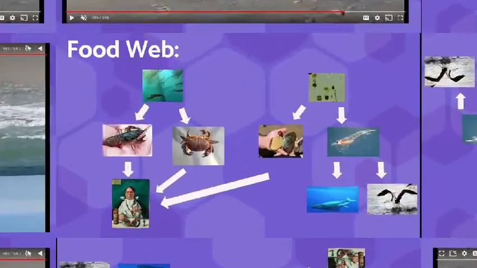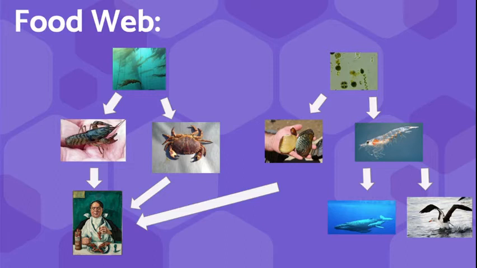Now that we've had a chance to review our food chains, here is an introduction to our food web. On the left-hand side, you can see our original aquatic food chain. You have seaweed as our producer, crayfish as a primary consumer, and the human who is eating the crayfish as our secondary consumer.